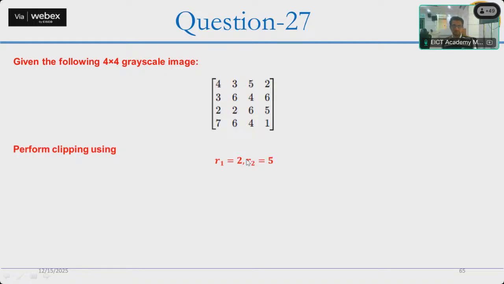Another problem: perform clipping on the given 4 by 4 grayscale image. So a total of 16 pixels are there. You need to perform the clipping, which means you are using R1 equal to 2 and R2 equal to 5.